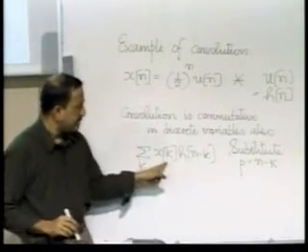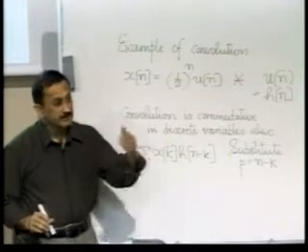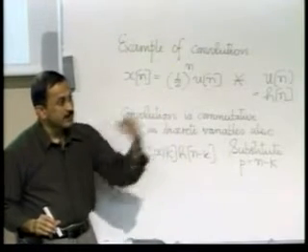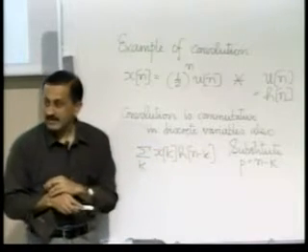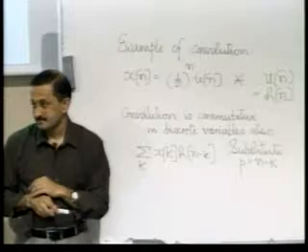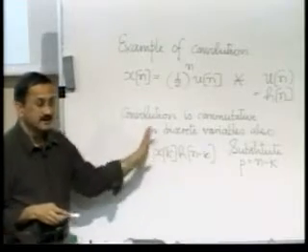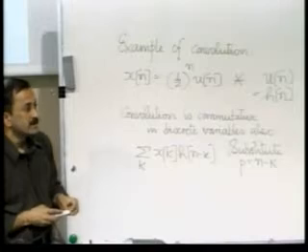And then k becomes n minus p. And when k runs from minus infinity to plus infinity on the integer axis, p also runs from minus infinity to plus infinity on the integer axis for any fixed value of n. So the argument to show that convolution is commutative is exactly identical or very similar to the case of continuous time systems.